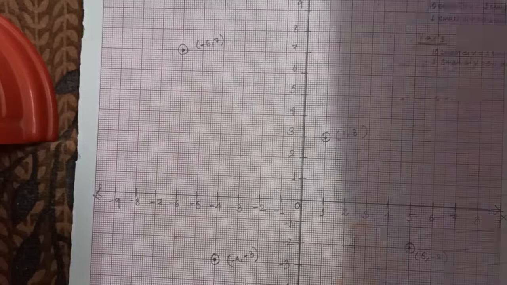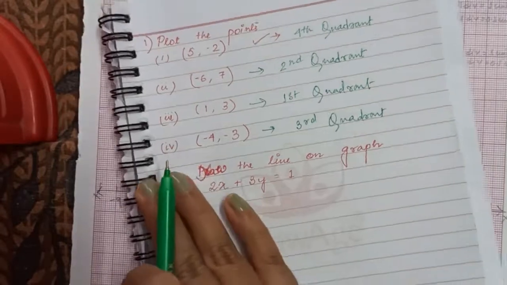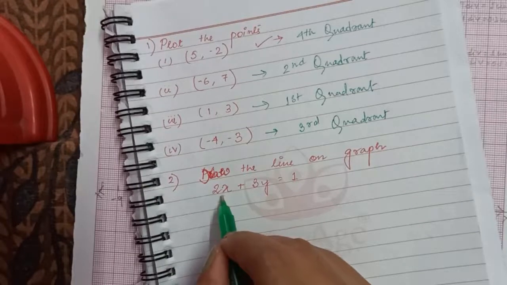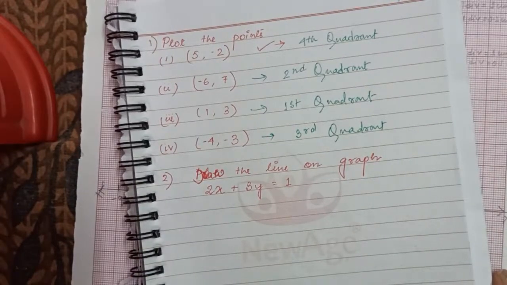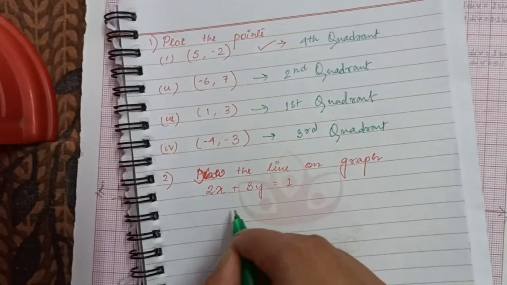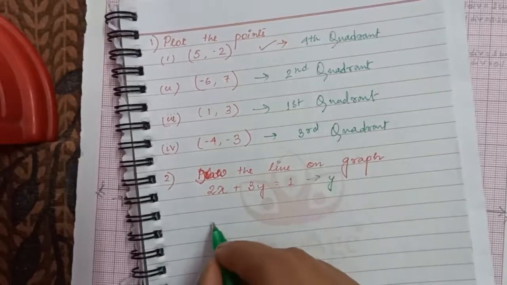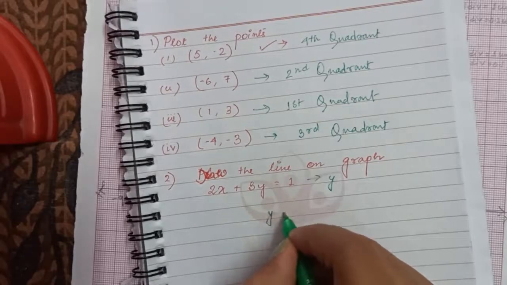Now our second question, what was the second question? Second question was that we have to draw the line on the graph. Okay, so it was given as 2x plus 3y is equal to 1. So I'll have to make any one the subject of the formula. Okay, so I'm taking y as the subject of the formula. That means what? How much is y in terms of x?